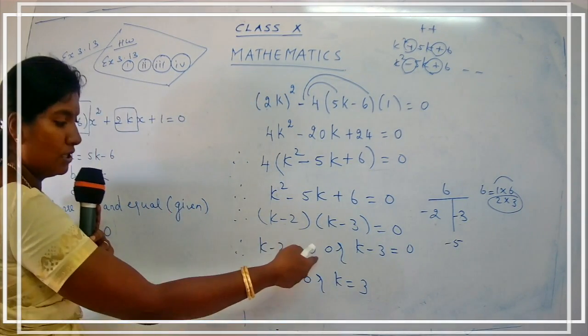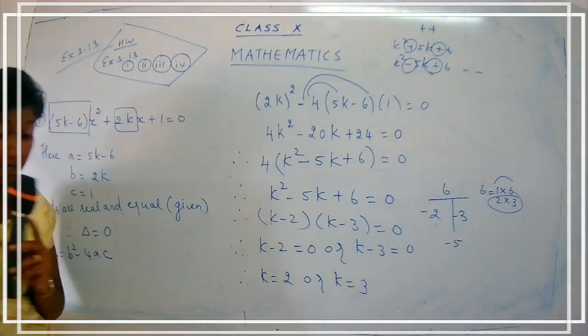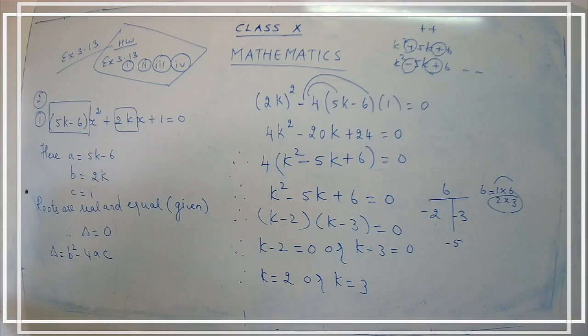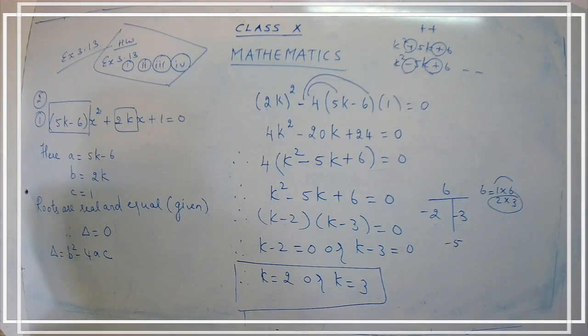Minus 2 when it goes to the RHS becomes plus 2, and minus 3 when it goes to the RHS becomes plus 3. So k is equal to 2 or k is equal to 3. This is the required answer. We have found the value for k. What is the value for k? 2 or 3.